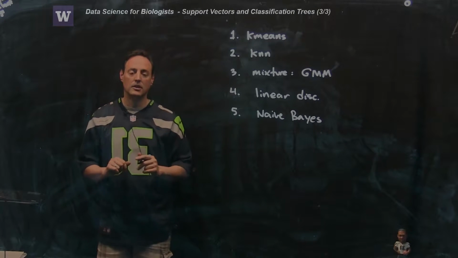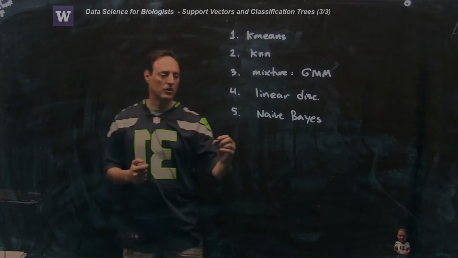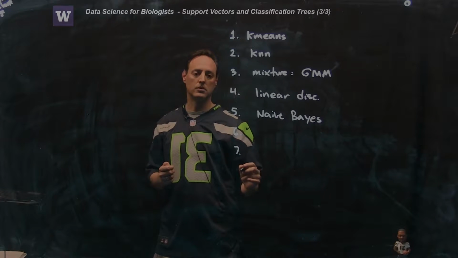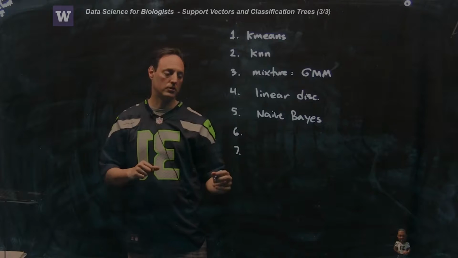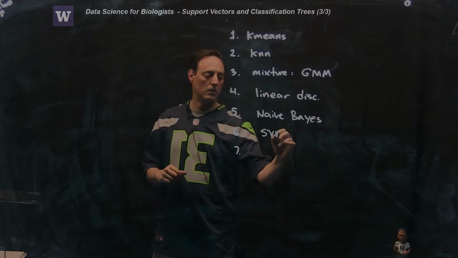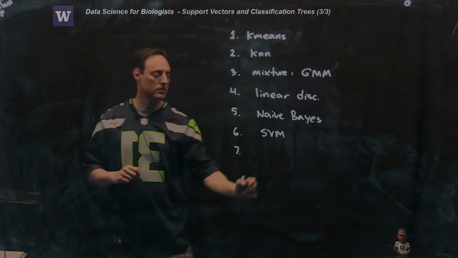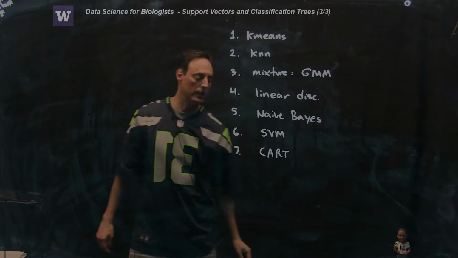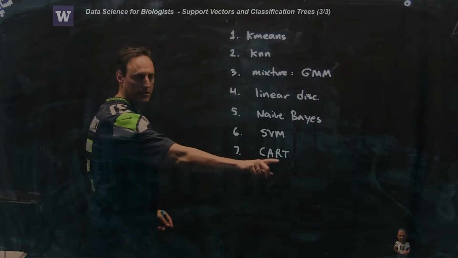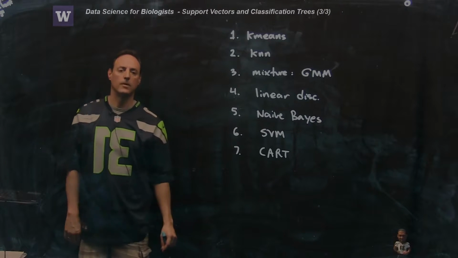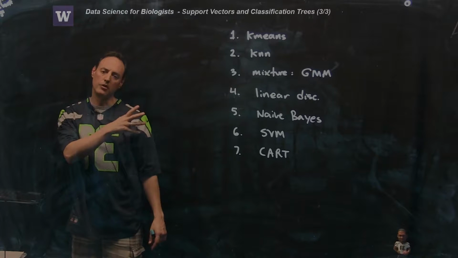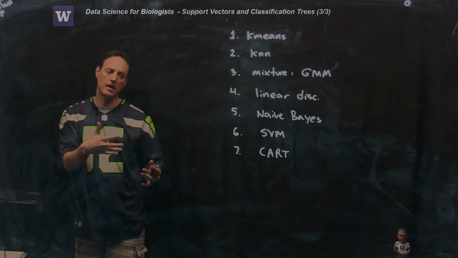Okay? And in the last lecture, we talked about what I think probably are the most important ones, with support vector machines, as well as classification and regression trees. Okay? So there's 7 data algorithms out there that you can use to do this data analysis.